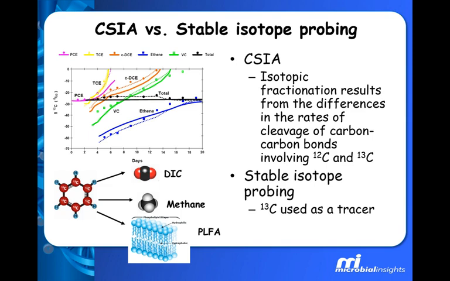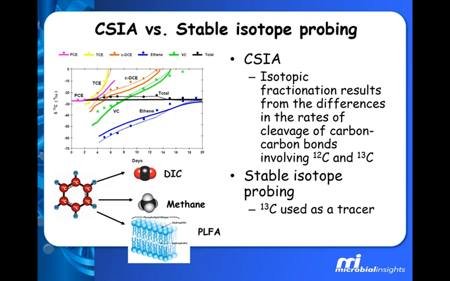Now, I want to make a distinction between a technique that you might already be familiar with, compound-specific isotope analysis, and stable isotope probing. Both focus on carbon-13, but they're very different. In compound-specific isotope analysis, we're looking at the natural isotopic fractionation that results when a carbon compound undergoes biodegradation and carbon-carbon bonds are cleaved.